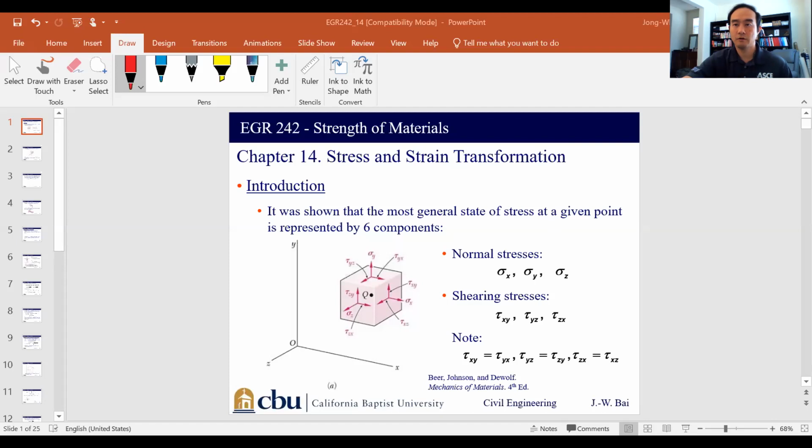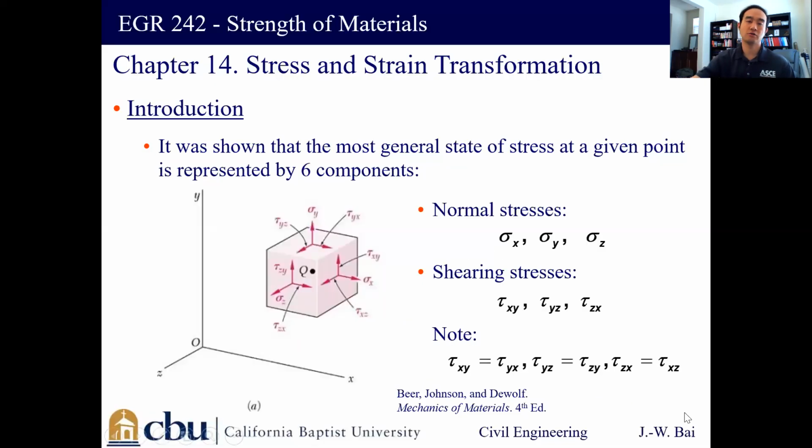This new chapter is titled Stress and Strain Transformation, and we're going to focus on the stress transformation. I'll give a little more detail and introduction on why we study this chapter and concept, and later we'll talk about the equations and solve problems.